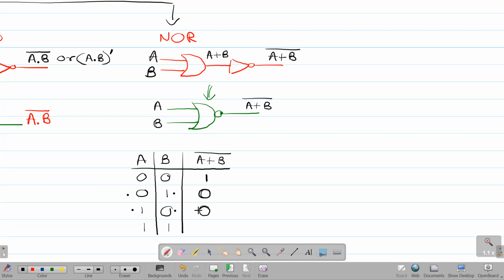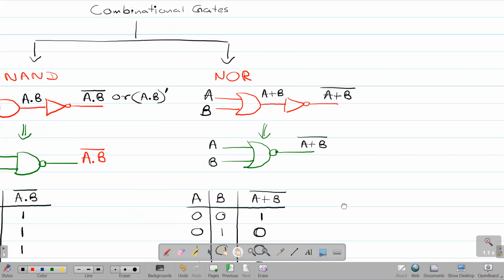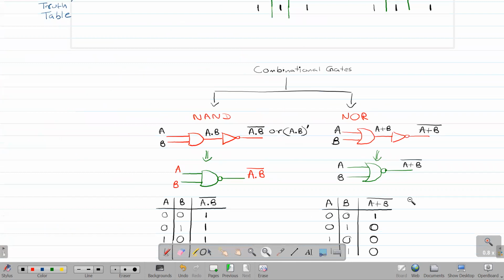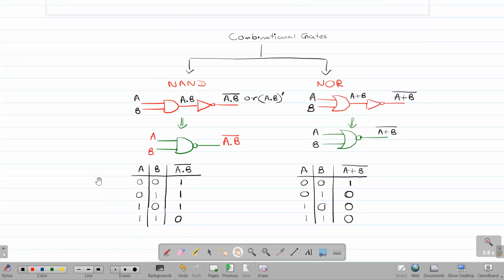Inverted, it becomes a 0. 1 plus 1, again it's 1. Inverted, it becomes a 0. So that is how the NOR gate is working. People, is that clear? Yes, sir. Great. So let's write it. Let me know when you are done.